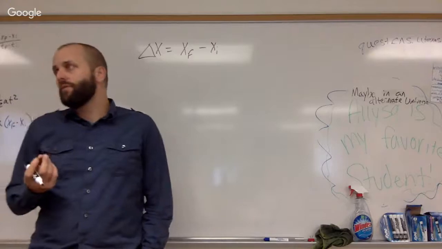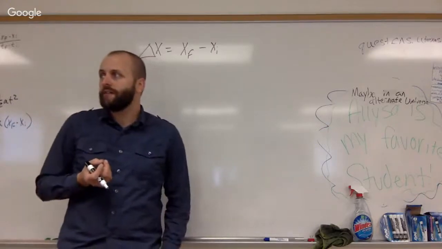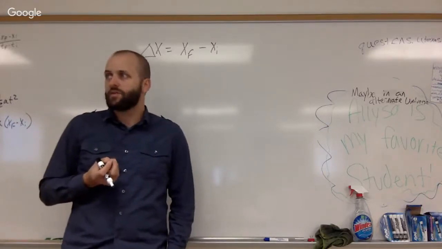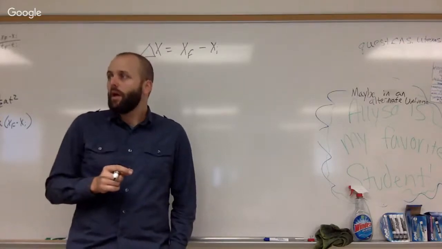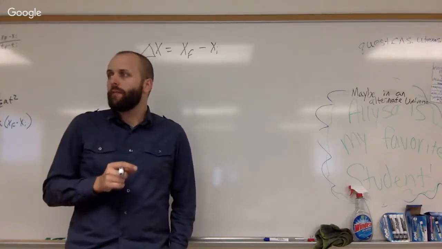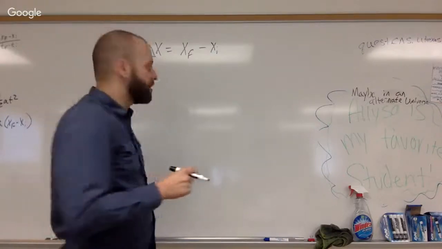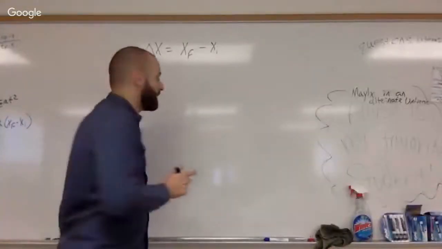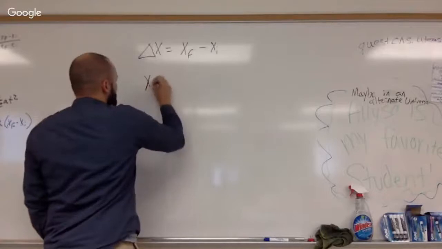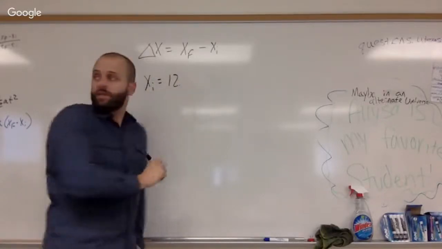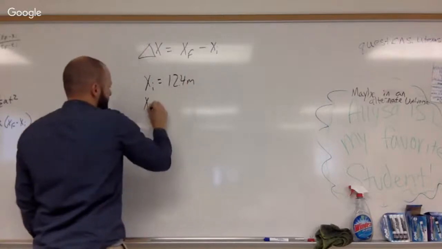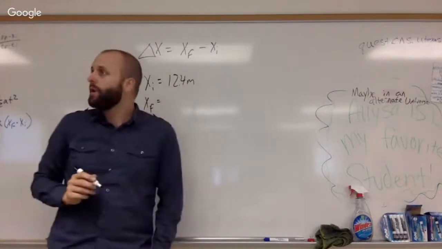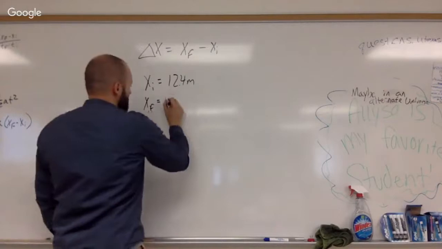So when you see the times of 1.9 seconds and 2.63 seconds, the 1.9 is our initial time. So that means that that value will be our initial displacement. So xi is going to be equal to 12.4 meters, and xf is going to be equal to 4.77 meters.